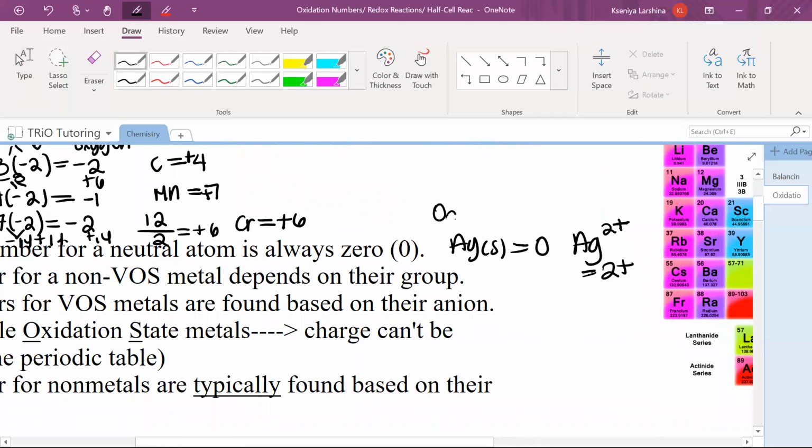The same goes for oxygen. It has no charge, so this is a neutral atom, and it's diatomic, but it would be 0.